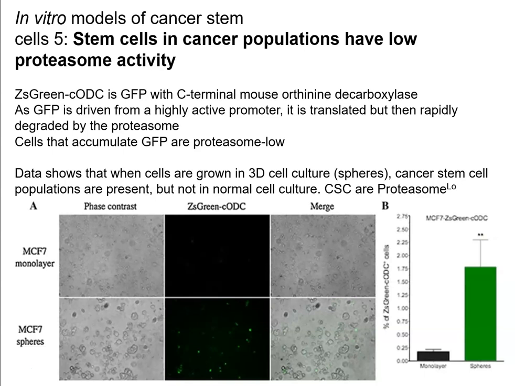And the other way we induce spheroids is to grow them on low dose doxorubicin, and then the surviving cells efflux the doxorubicin, in exactly the same manner that they efflux Hoechst, and you end up with cells which also spontaneously form spheres. So the presence of a proteasome low phenotype correlates with accumulation of GFP fused with mouse ornithine decarboxylase, so that tells you that these cells here are proteasome low.